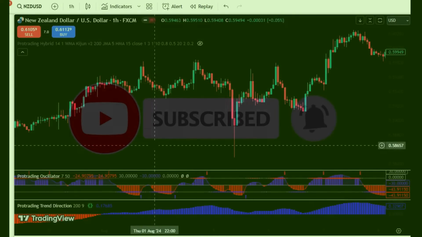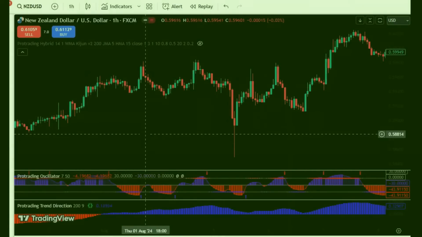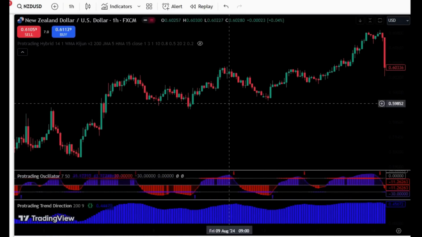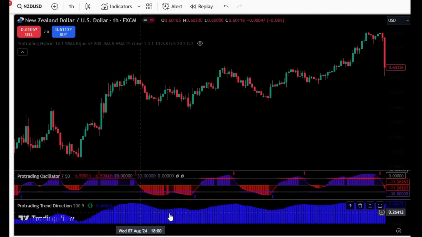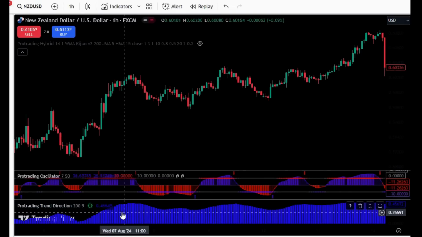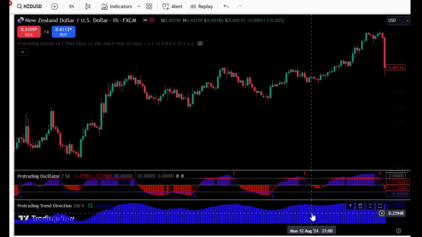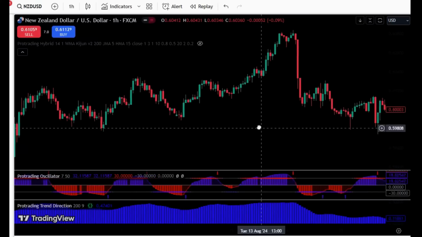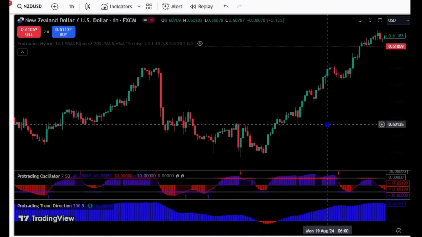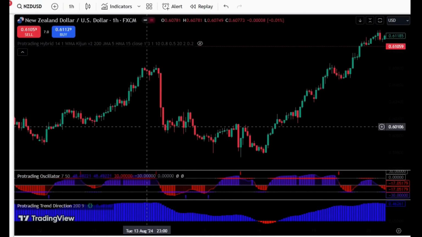So how do we approach the market using this strategy? The process is straightforward. The first thing we do is to understand the directional bias in the market. You can see from this region that the blue color of the histogram for the Pro Trading Trend Direction is telling us that the trend is currently upward. So long as it's telling us that the trend is upward, we continue to maintain that direction.